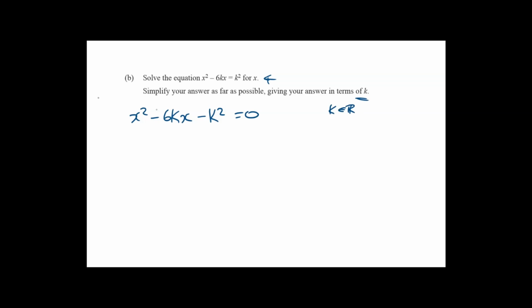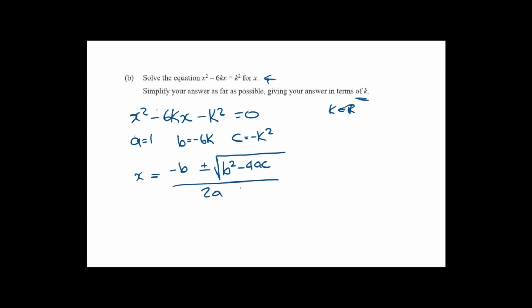Okay, so now let's use the quadratic formula. a is going to be 1, b is going to be equal to minus 6k, and c is going to be equal to minus k squared. So x is going to be equal to minus b plus or minus the square root of b squared minus 4ac, all over 2a.